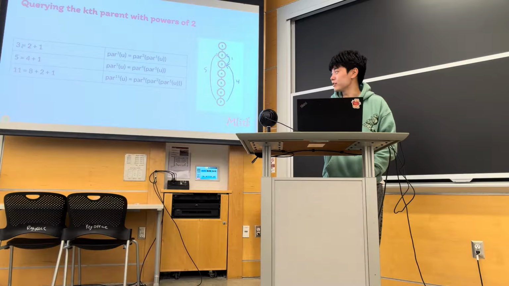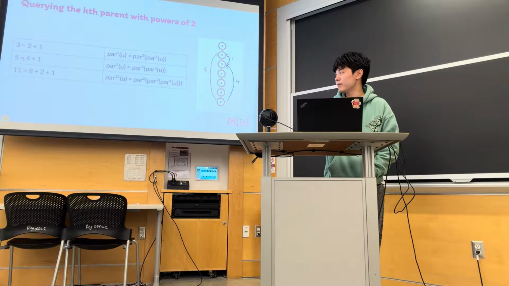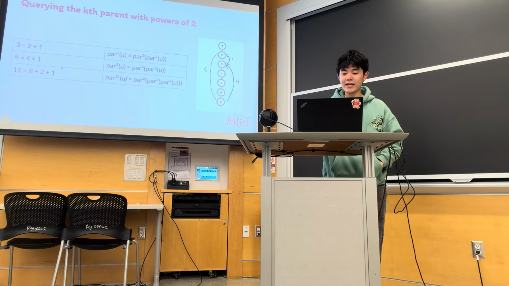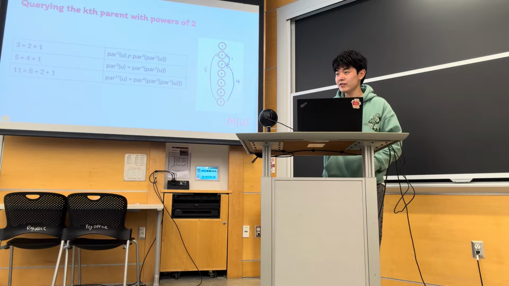For example, 3 can be decomposed into 2 plus 1, and 5 can be decomposed into 4 plus 1, and 11 is 8 plus 2 plus 1. And therefore we can find any kth parent by only using our parents of 2 to the i's. For example, the third parent of u will be the same as finding the first parent of u and then finding the second parent of that.